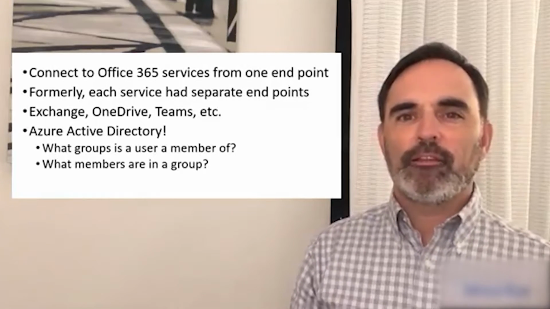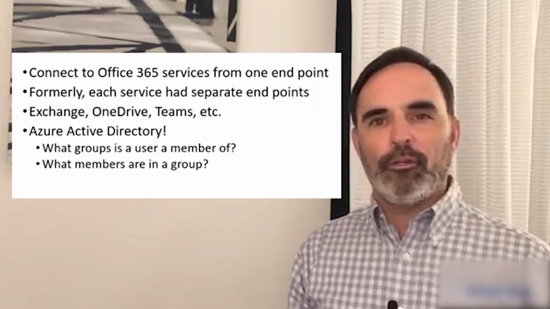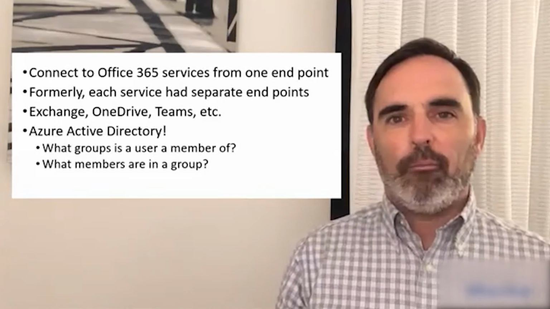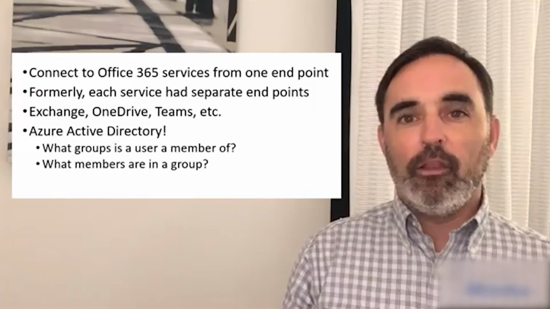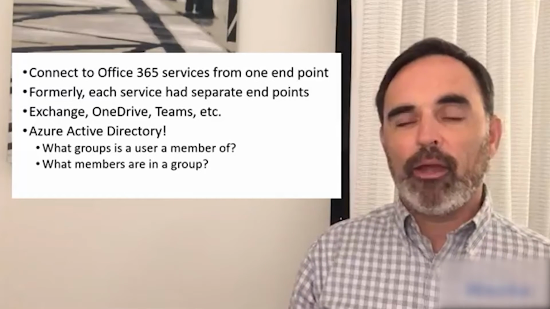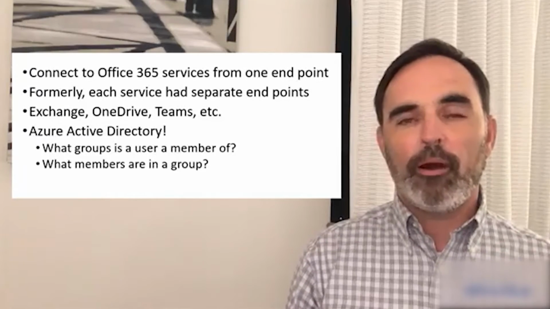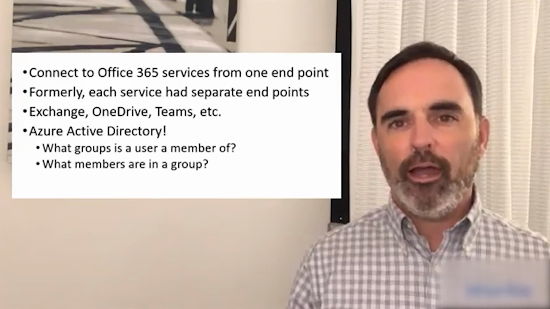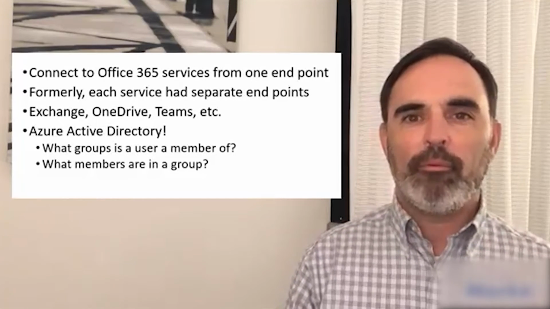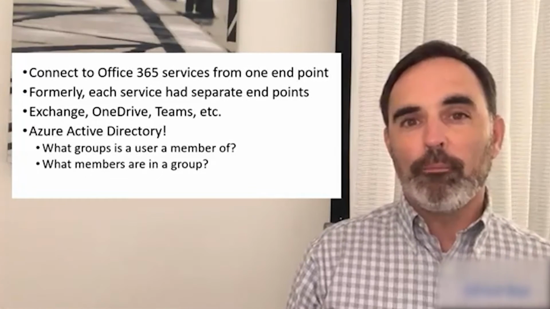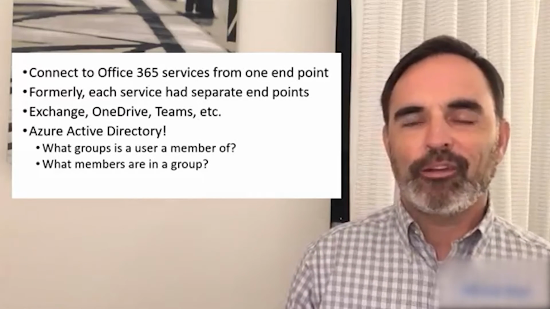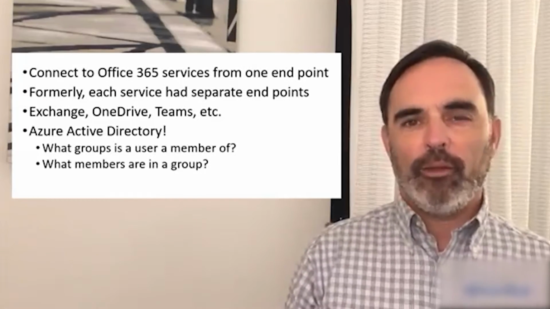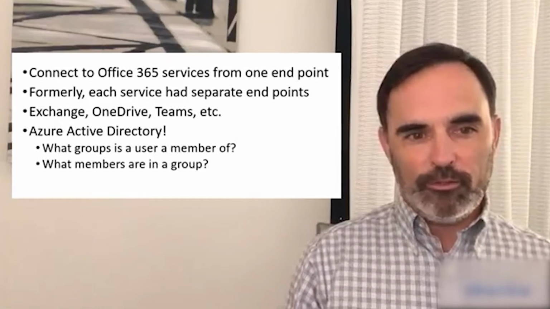And we found this particularly useful in some cases where we're using Power Apps, and we want to, based on the login of the person using the Power App, see what groups they're a part of, and then maybe apply security on the app and show or hide certain functionality within the app based on group membership in Azure Active Directory. And so that's one way that we've found Microsoft Graph very useful.